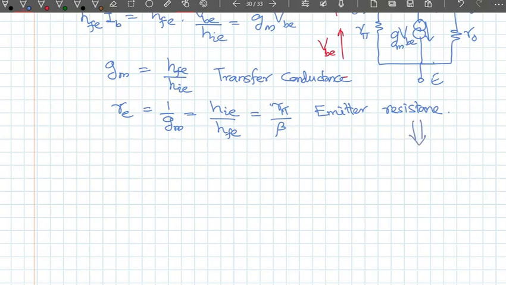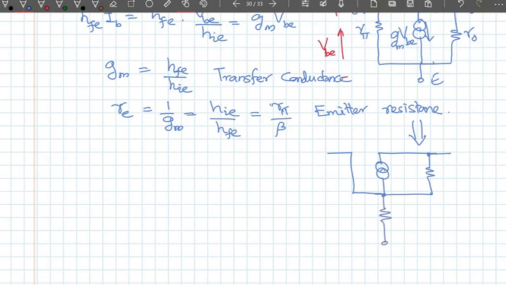So instead of using the resistance in the base side, you can move it to the emitter side, but when you do it, we have to divide the R pi by beta, because the current through that branch is bigger, so you need to have the same voltage drop between base and emitter.